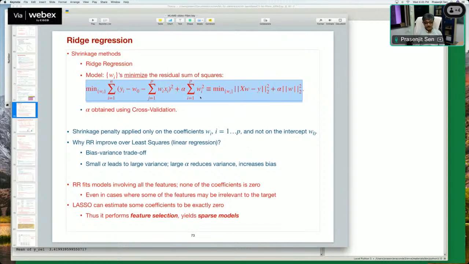So ridge regression helps you in terms of bias variance trade-off, but lasso does an additional thing. It helps you do feature selection. When some of the coefficients are zero, you understand that those features are not even involved in the prediction of that particular property. So it yields a sparse model, which is easier to explain.